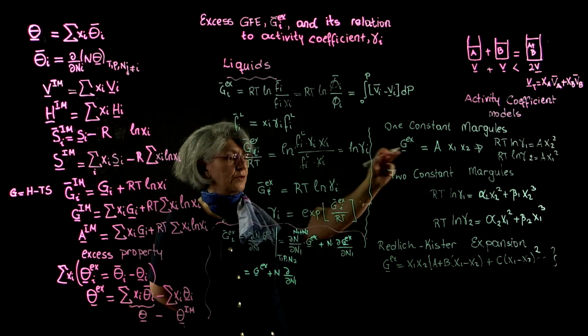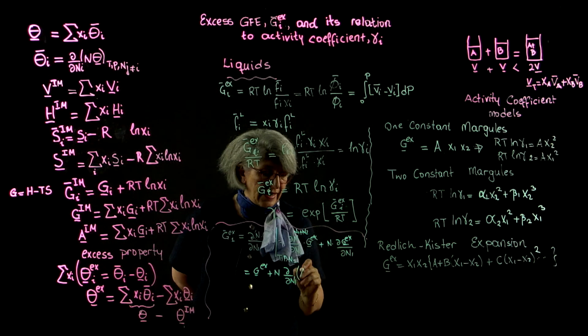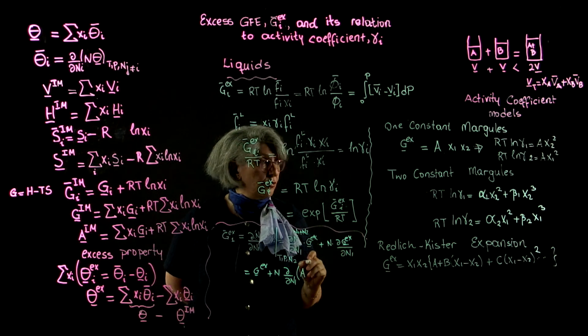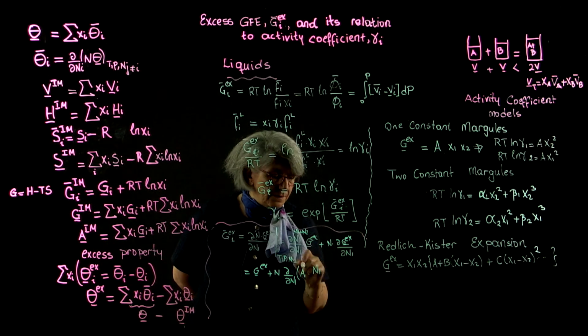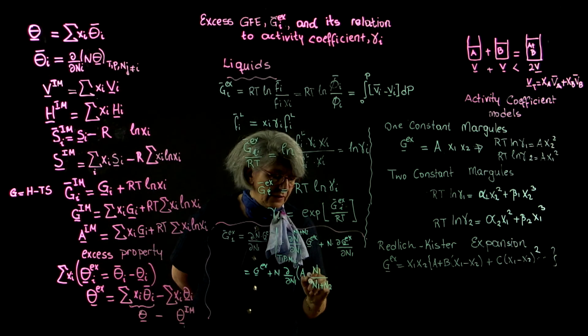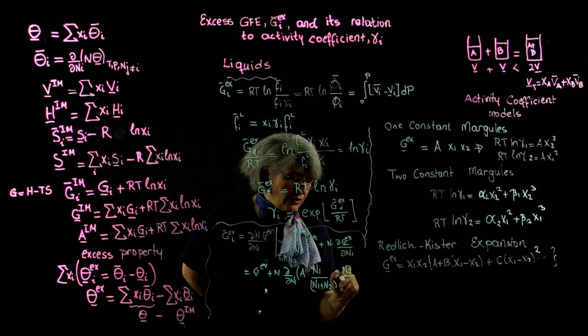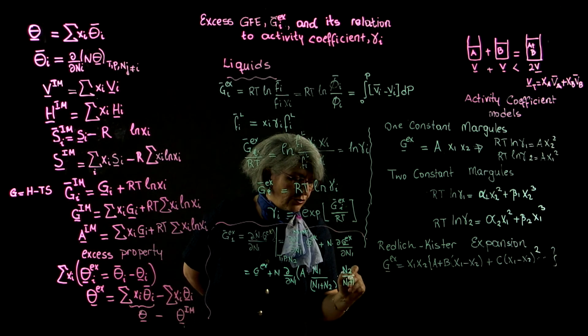Now we are going to substitute one constant Margules A, x1 is equal to n1 over n1 plus n2. This is x1, and x2 is equal to n2 over n1 plus n2.